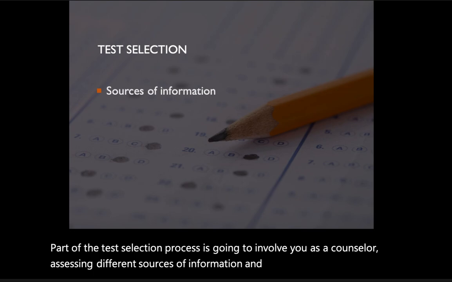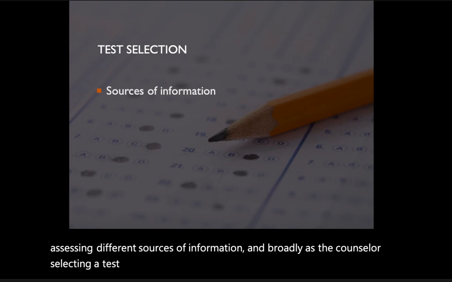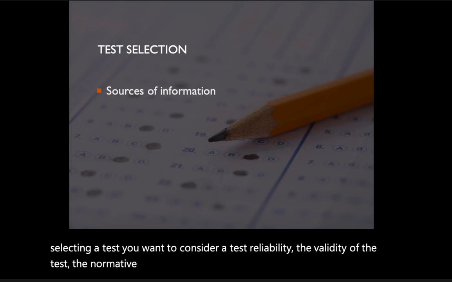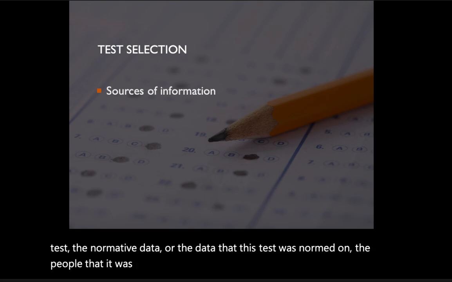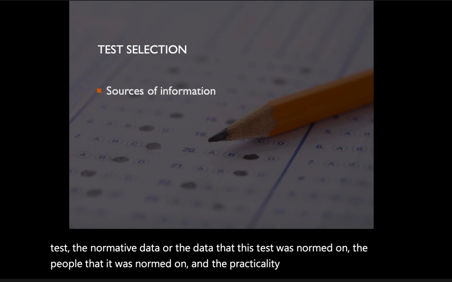And broadly, as the counselor selecting a test, you want to consider a test's reliability, the validity of the test, the normative data, or the data that this test was normed on, the people that it was normed on, and the practicality for its intended purpose.